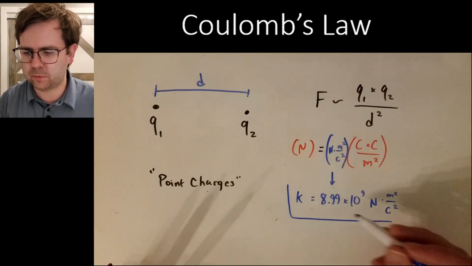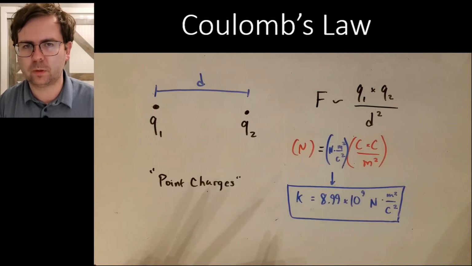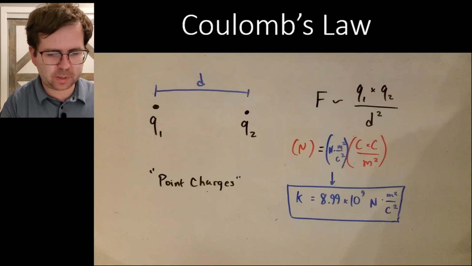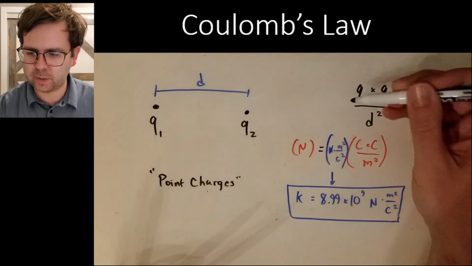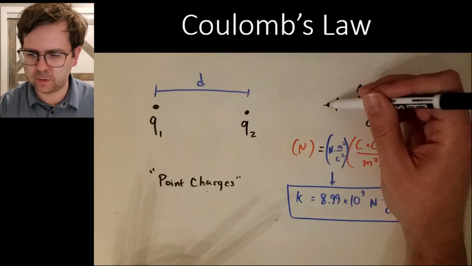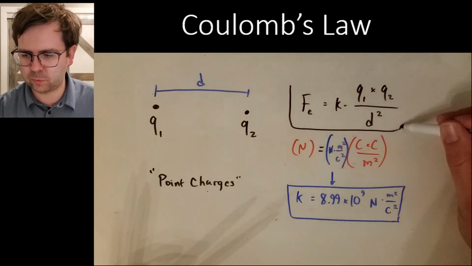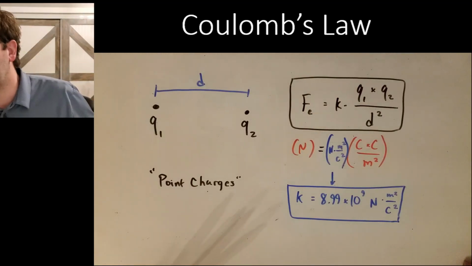And this is the constant that we're dealing with here. Okay, so now that we have this k value, we can go back to this equation up here and make it an actual equation by putting k in front, and say that this is the electrostatic force. So this is Coulomb's law up here.